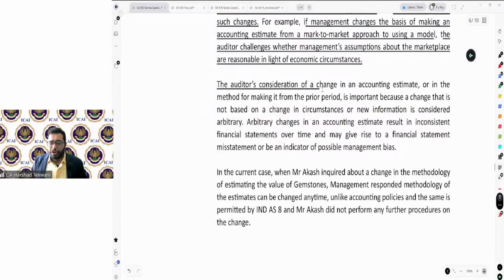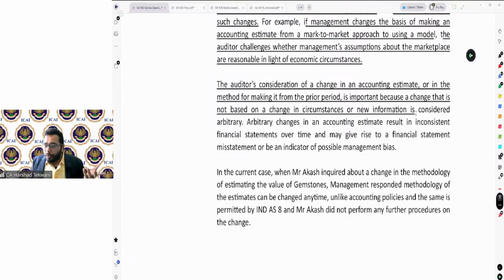The auditor's consideration of a change in accounting estimate or in the methods for making it from the prior period is important, because a change that is not based on the change in circumstances or new information is considered arbitrary. So if a change is basically not based on any evidence available on hand, I could say it is an arbitrary change.